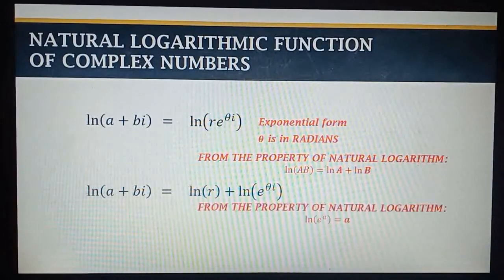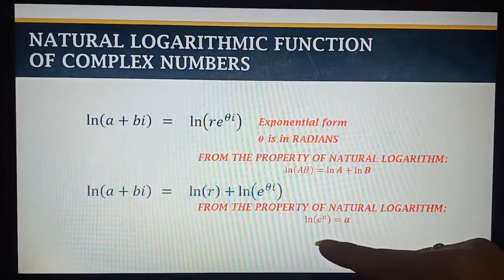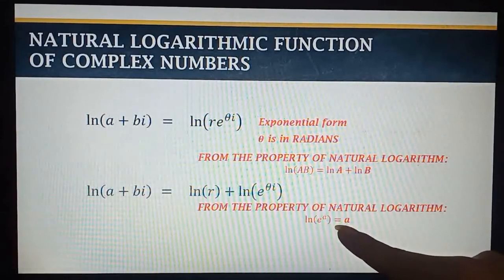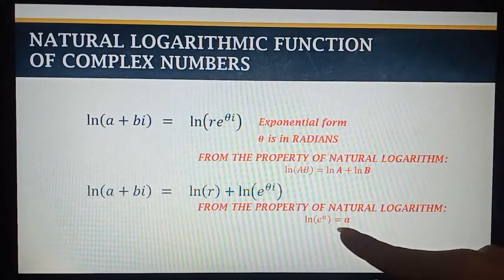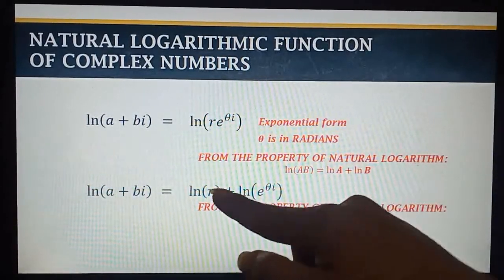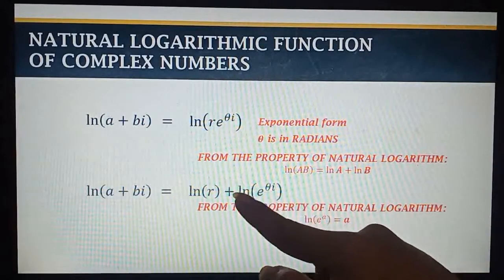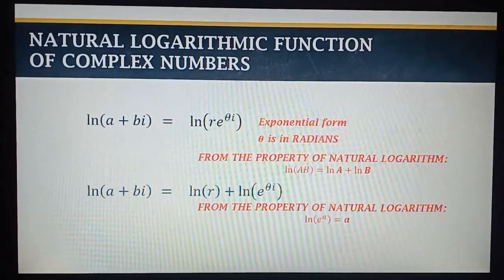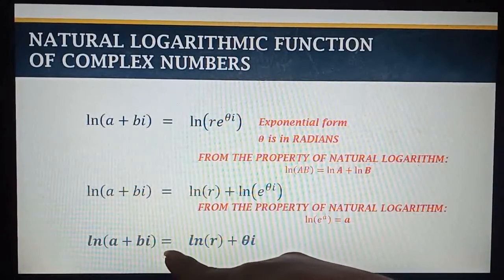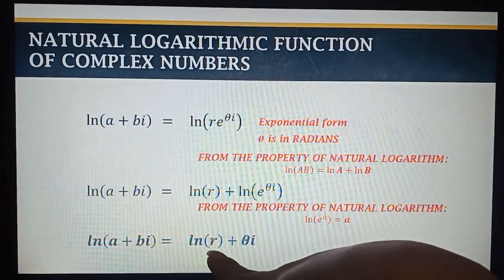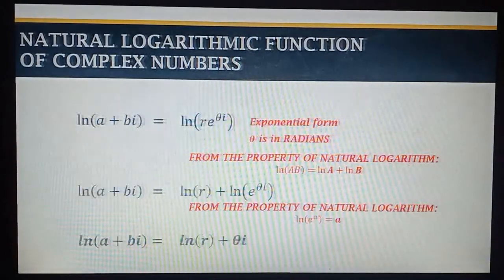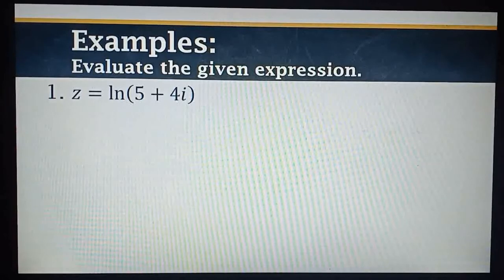But take note of another property of the natural logarithm: if you have ln of e raised to a, it can be equivalent to a only. The ln and e will now cancel. So we apply it now to ln of e raised to theta i. So our ln of a plus bi can be rewritten as ln of r plus theta i.